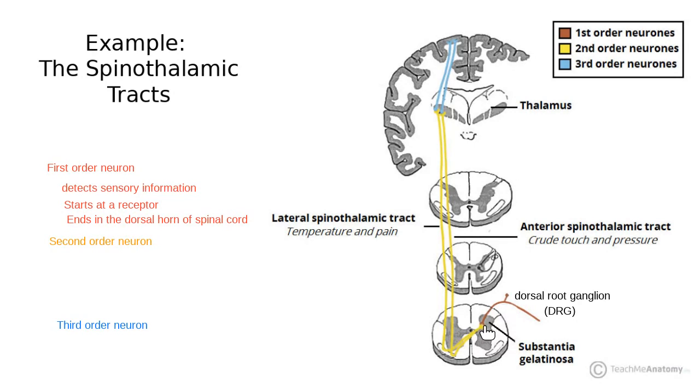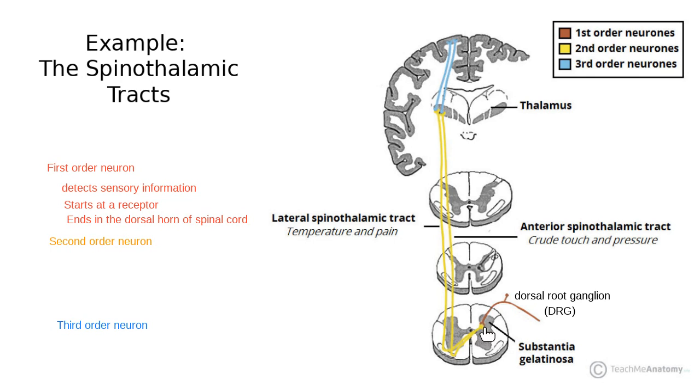So the interneuron then leaves the gray matter of the spinal cord to enter the white matter of the spinal cord. The white matter of the spinal cord, remember, is where I have a lot of myelin, so I can send messages quickly.